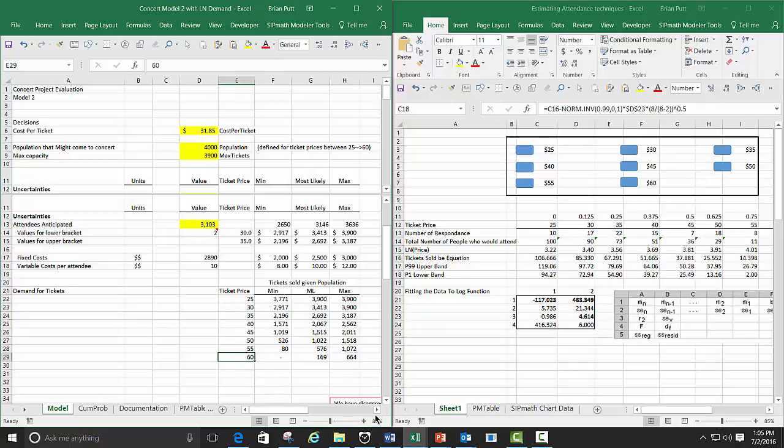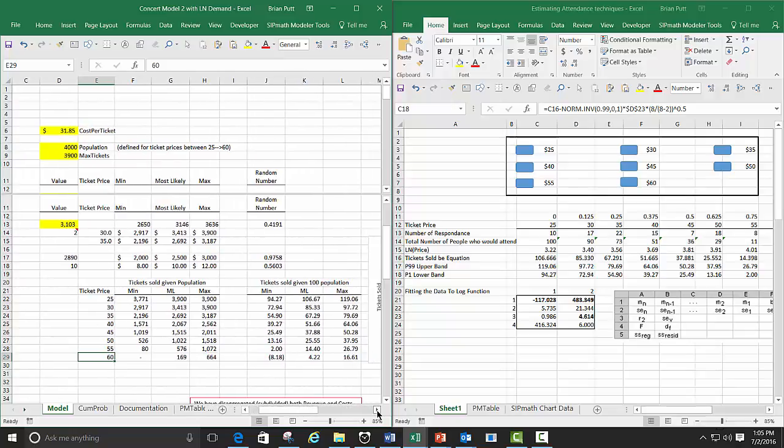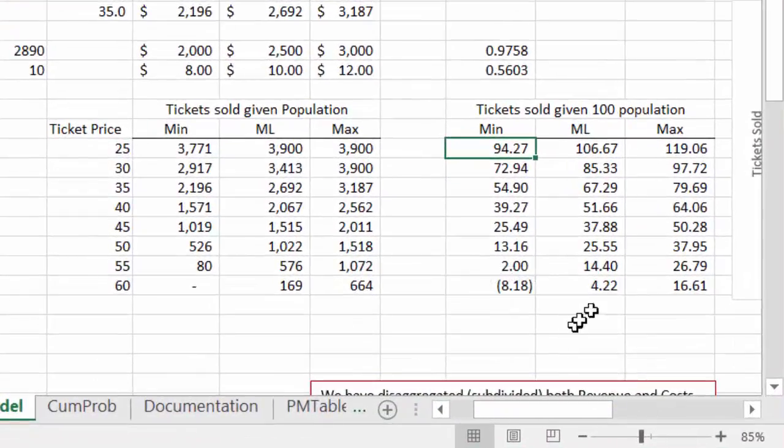And to the right of this, I've brought in the minimum, most likely, and max values from our equation. So here, the 94.27, 94.27, the 119, the 119, the 106, and the 106, all the way down. This represents the number of tickets that would be sold if we were offering them to a population of 100 people.